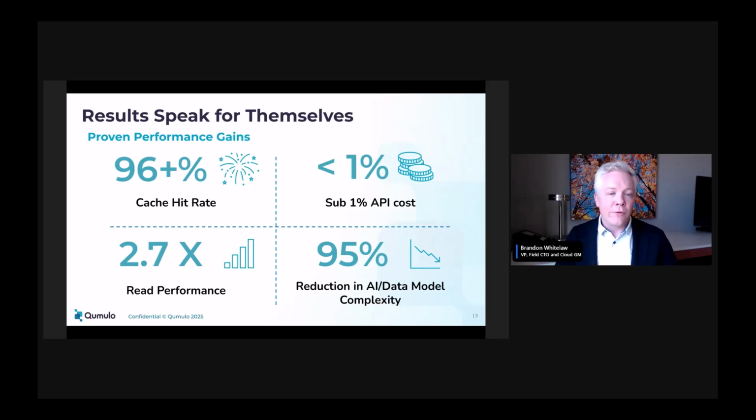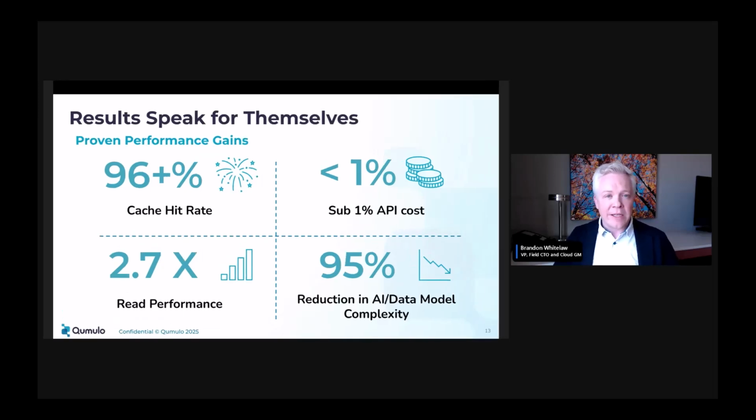Overall, with our previous preemptive caching technology to now NeuralCache, we see a 2.7x improvement in read performance. And on a very, very strong adoption curve now for new workloads on AI, a massive reduction in the complexity of those models by being able to directly point the GPUs at a high performance shared storage NeuralCache that's really accelerating data from S3 or Azure Blob and allowing you to have much, much larger data sets.